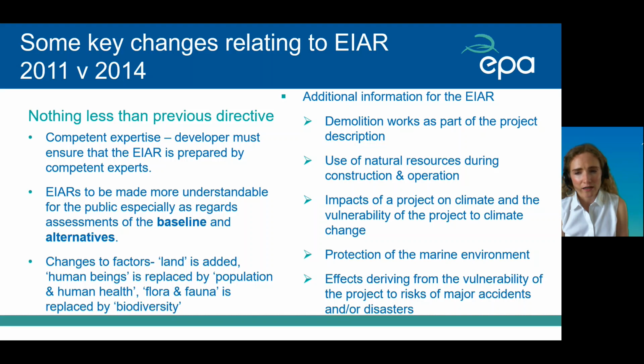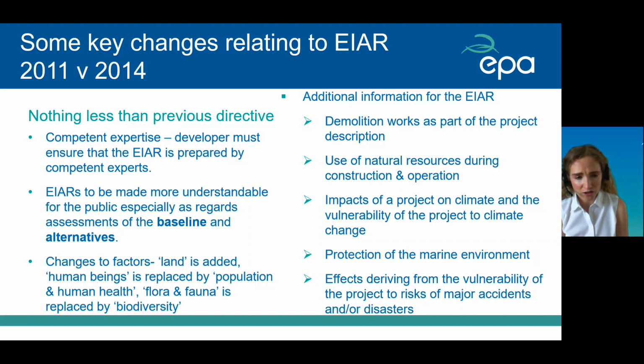But the 2014 EIA directive clarifies that this requirement relates to the reasonable alternatives studied by the developer, which are relevant to the project and its specific characteristics, and an indication of the main reasons for the chosen option, taking into account the effects of the project on the environment.